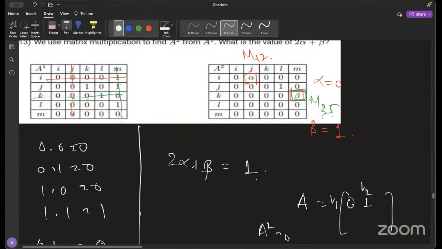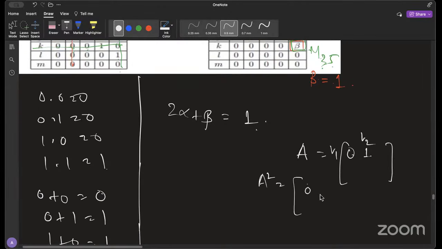Now, if in A square you have 1 here, this means you have a path from V1 to V2 which involves another vertex. If the 1-2 entry of A square is 1, that means there is one vertex between V1 and V2, and using that vertex you can connect V1 and V2.